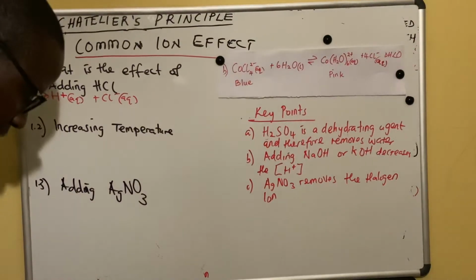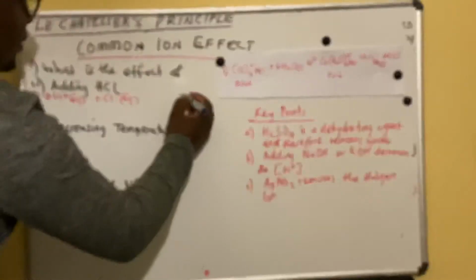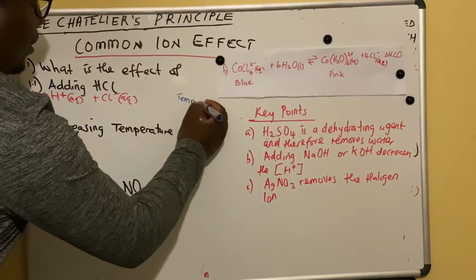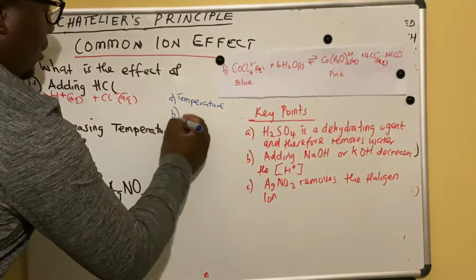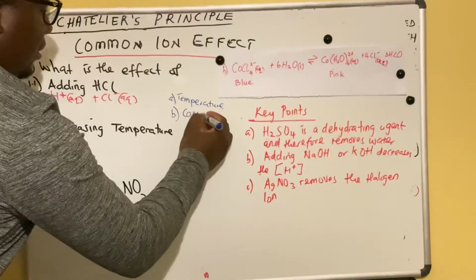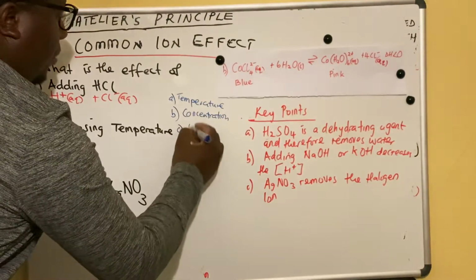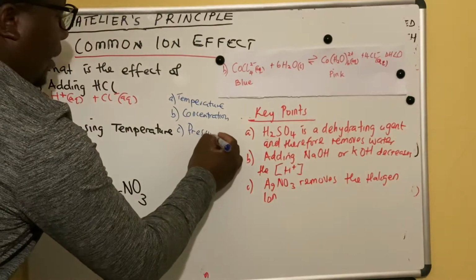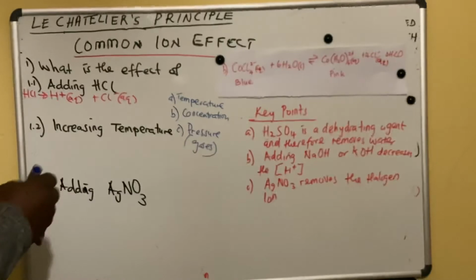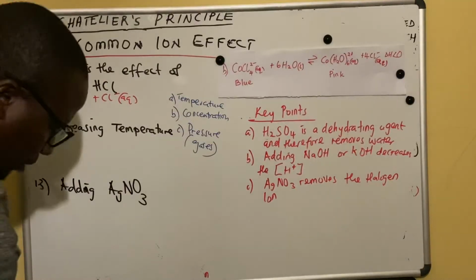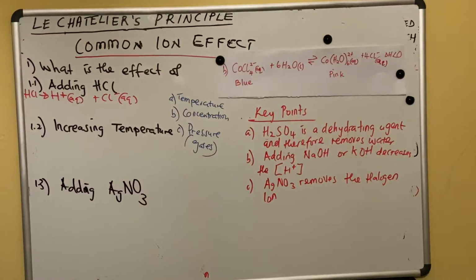Remember, we said we are talking about three conditions here: temperature, concentration, and the third condition, pressure. But we said pressure only applies when we have gases, because the pressure of gases is the one that changes. For liquids and solids, the pressure does not change.